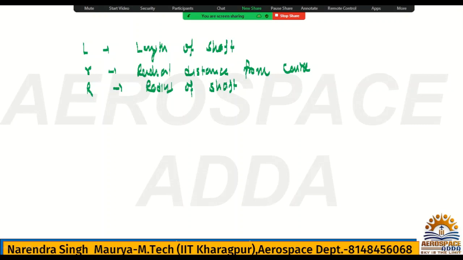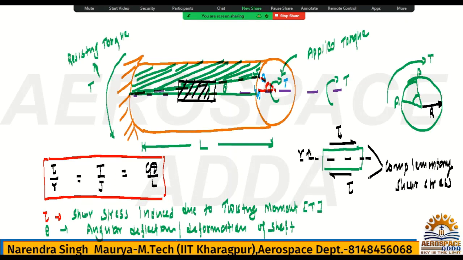Now what is the next? We have G theta. G, you might have heard somewhere in previous lectures, is just like the Young's modulus in bending. So in twisting or in torsion, it is called the shear modulus or modulus of rigidity.